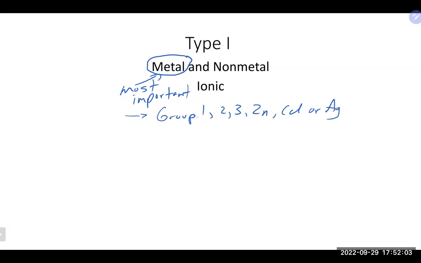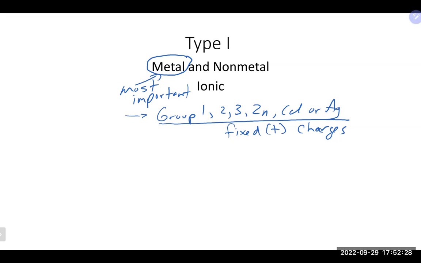And what all these have in common is what we just talked about a second ago. They all have fixed positive charges. So again, it's always the metal that's most important. And if you have any of those, it tells you that you have a fixed positive charge, which frankly means that's all you need to worry about at that point. And you proceed to naming it.